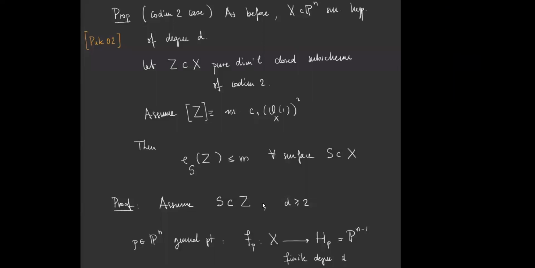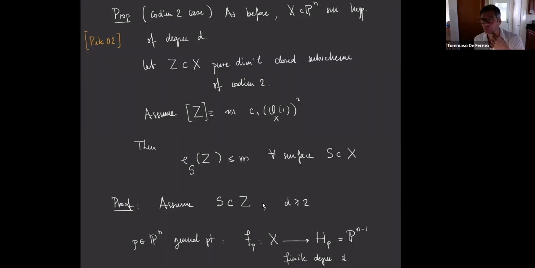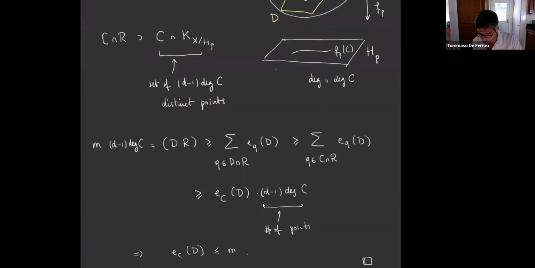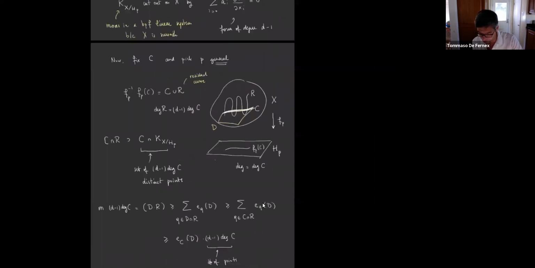Tommaso, is there a version of this for complete intersections? That's a very good question. Yeah. There is. It's not obvious that the proof works. Let me explain why. So here, let me go back to the original setting, or even the easy case.